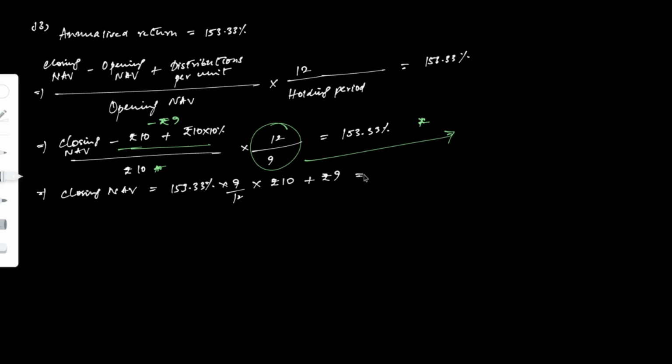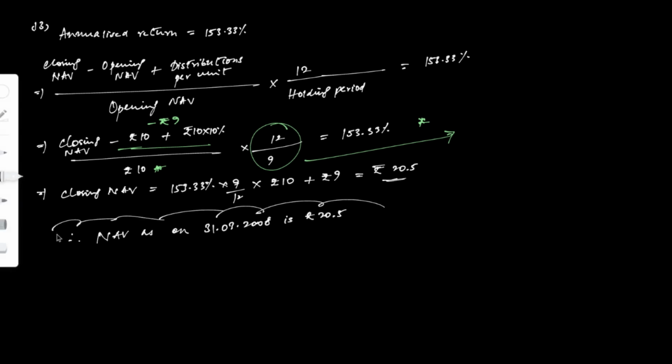So closing NAV is 153.33% into 9 by 12 into rupees 10 plus rupees 9. Let's calculate. That is 20.5 rupees. Therefore, NAV as on 31/3/2008 is rupees 20.5.